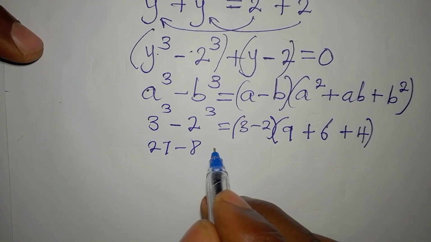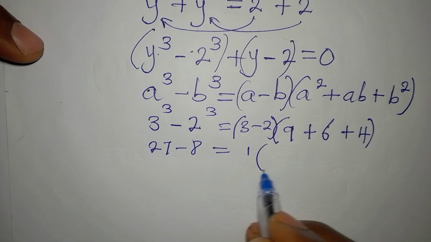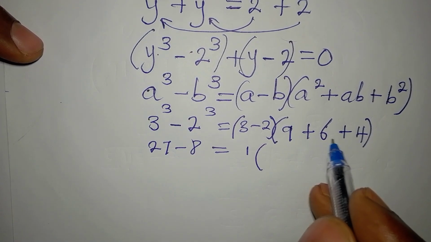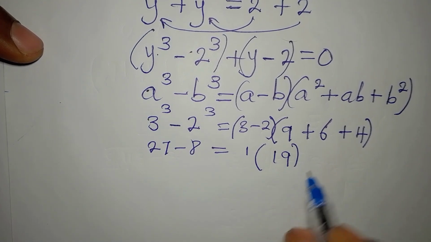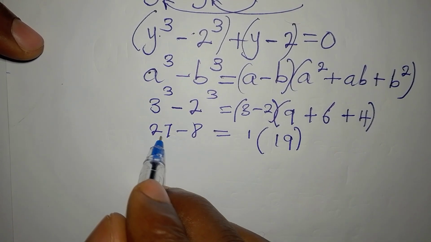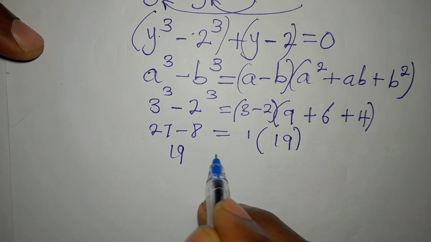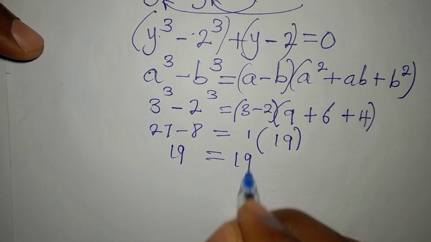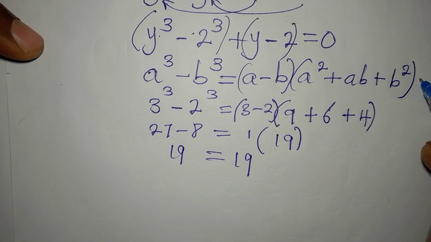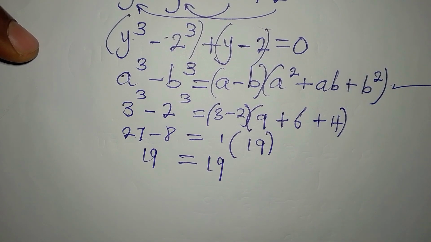So from here now, this is 3 minus 2, 1. Then 9 plus 6 is 15. 15 plus 4 is 19. Remember 27 minus 8 is 19, and on the other side, 1 times 19 is 19.